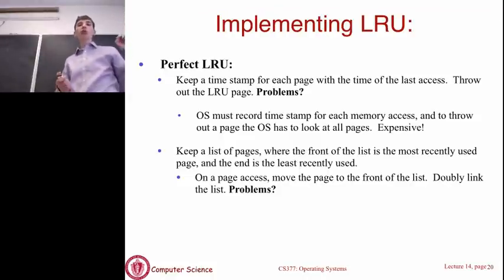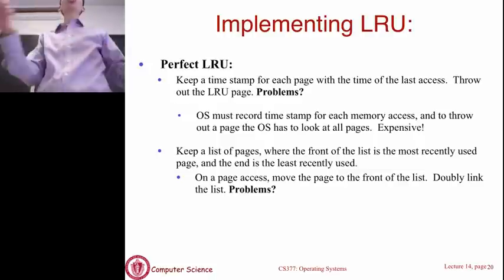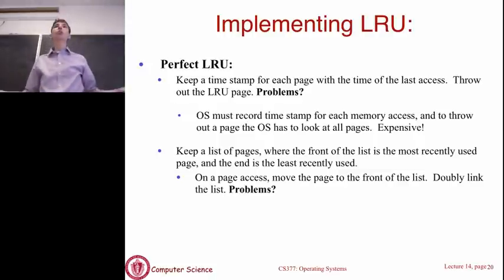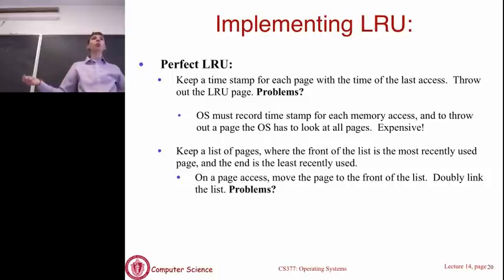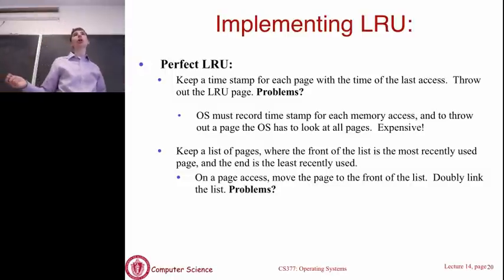This is the same idea: every time we're accessing memory, we're having to record a timestamp. That's potentially quite expensive, because we have to store those timestamps somewhere, probably in memory, say within the page table. So we're again having to go into memory and do something every time we access memory.